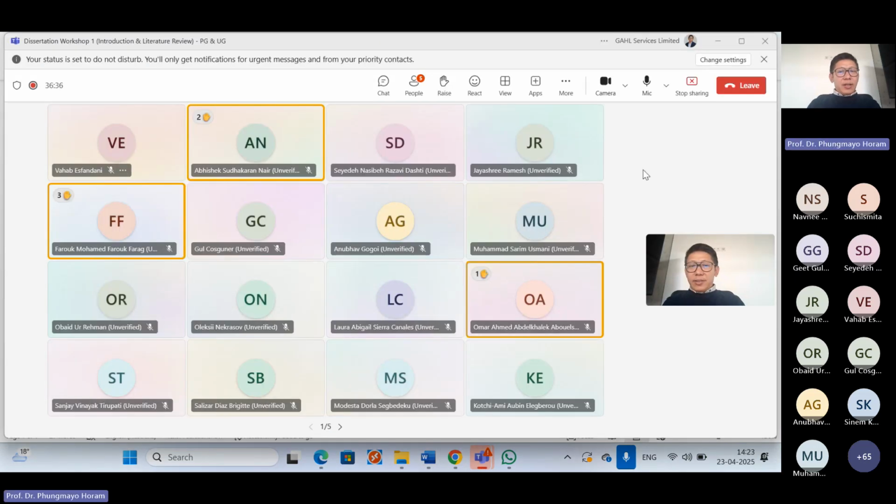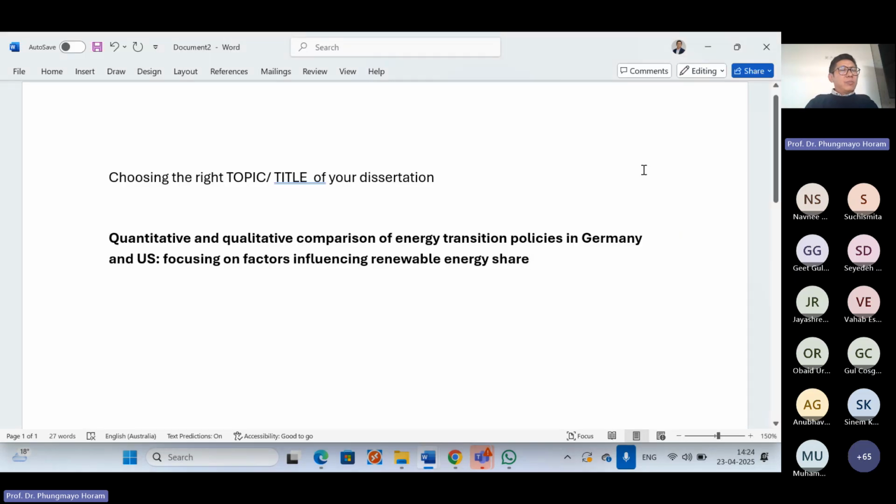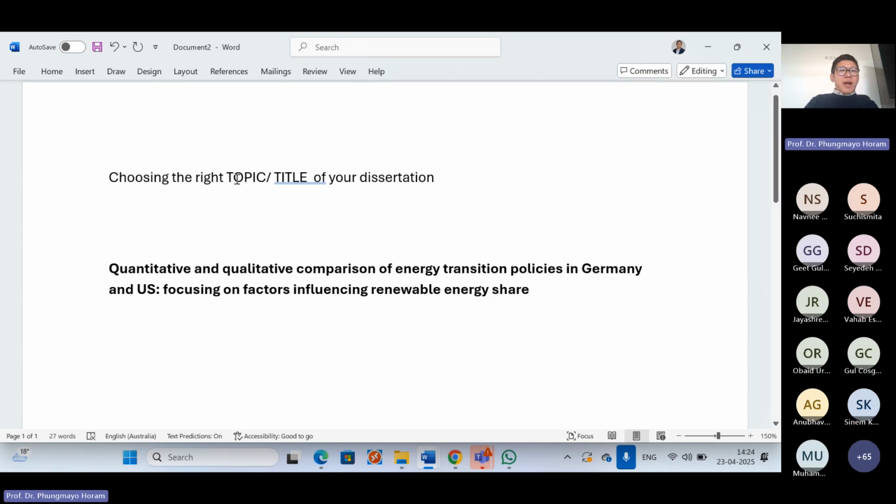Now I can see there are some other hands. Probably you're referring to your own titles that you want to share. But for now, let's take the example of Shahidi, and then hopefully you can translate that example to your case as well, right? Now, this is the title, right? Choosing the right topic or title.